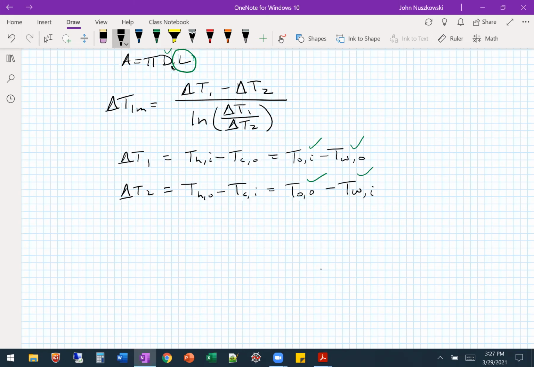So that means we can solve for delta T1, delta T2, and the log mean temperature difference. And we get 31.8 degrees Celsius.